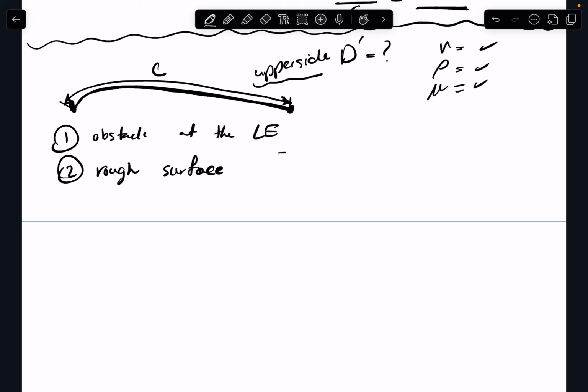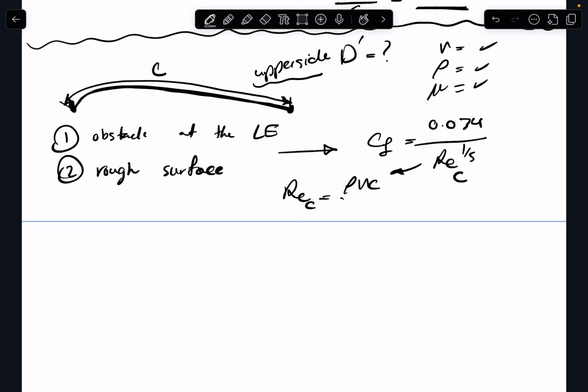If that is the case, then you have to use the turbulent formulation, which calculates the CF using this formula, 0.074 divided by Reynolds number at c to the power 1/5. If you don't remember how to calculate the Reynolds number, this is the equation. And then you take this friction coefficient.